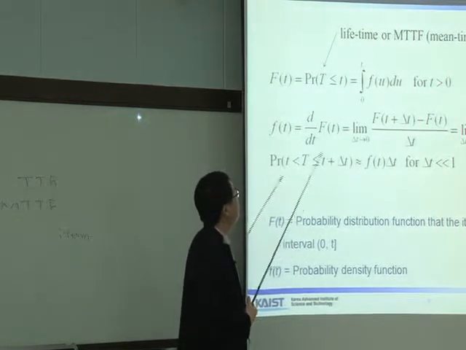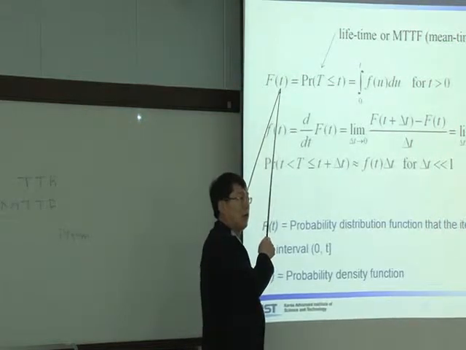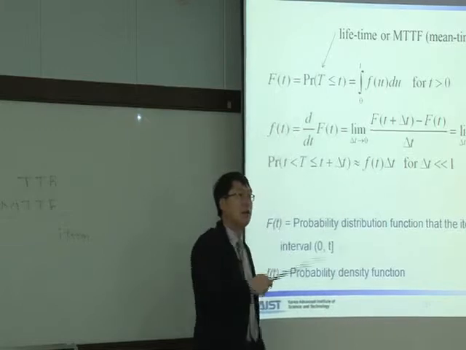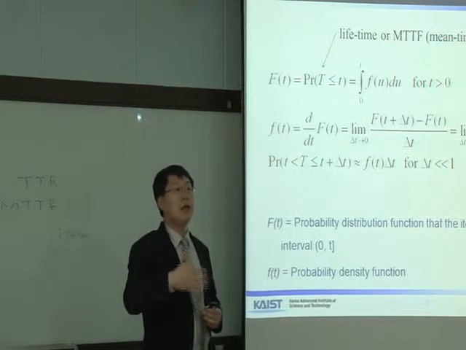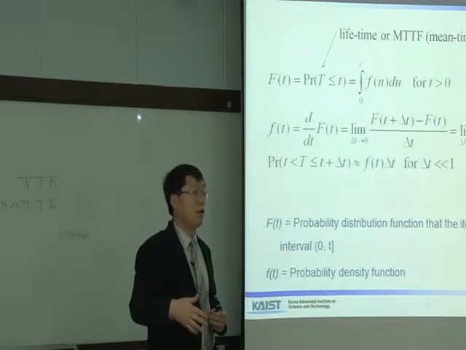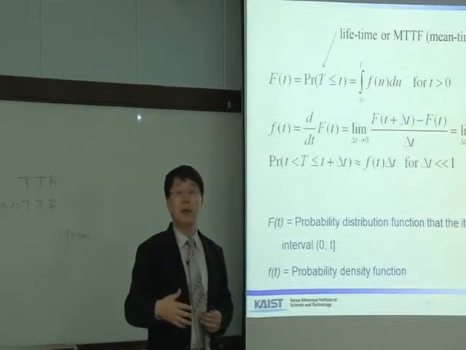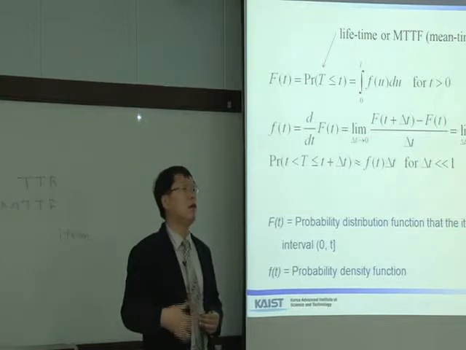So if t is 40, the meaning is the probability that we will be alive, not die, until 40.